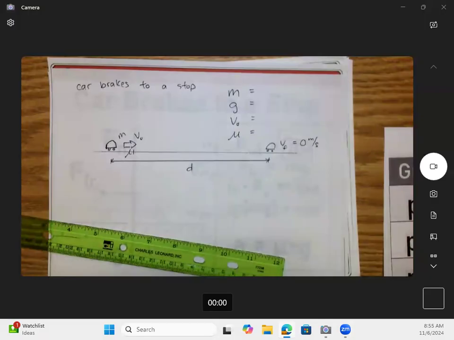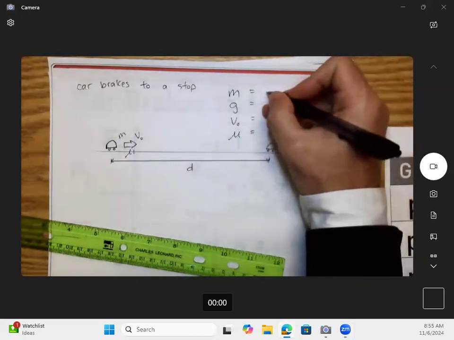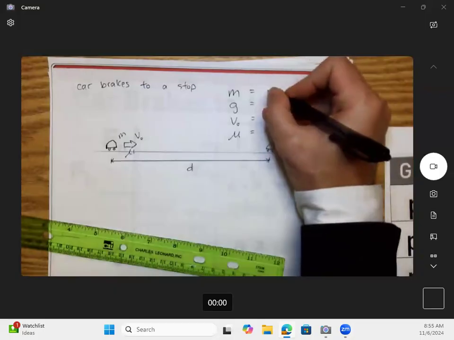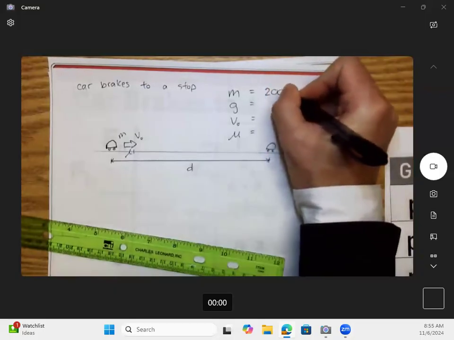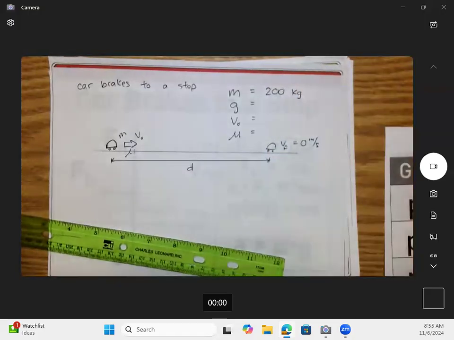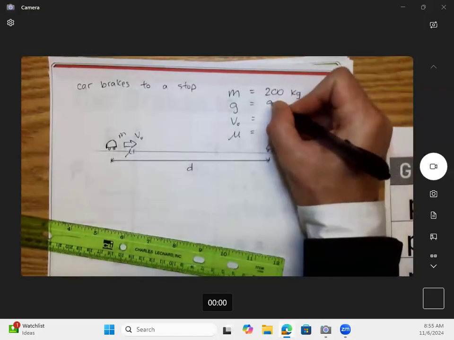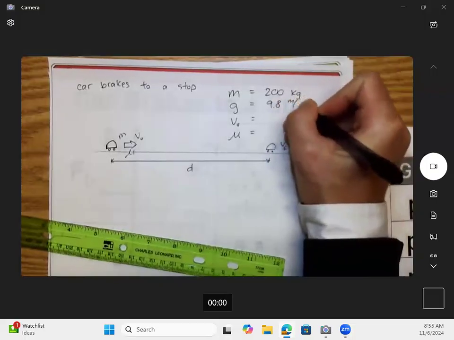I'm going to have you volunteer some data here. Alec, give me a reasonable mass of a car. Let's go 200 kilograms, maybe one of those little smart cars. Alex, give me your favorite gravity field. 9.8 meters per second squared. Boom, done.